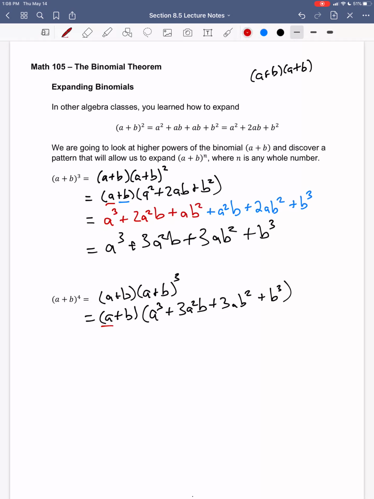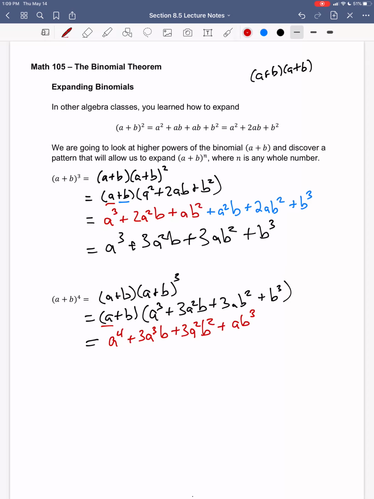I'm going to multiply a times all 4 of these terms. All right, so a times a to the third is a to the fourth. A times 3a squared b is 3a cubed b. A times 3ab squared will be 3a squared b squared. And a times b cubed will just be ab cubed.